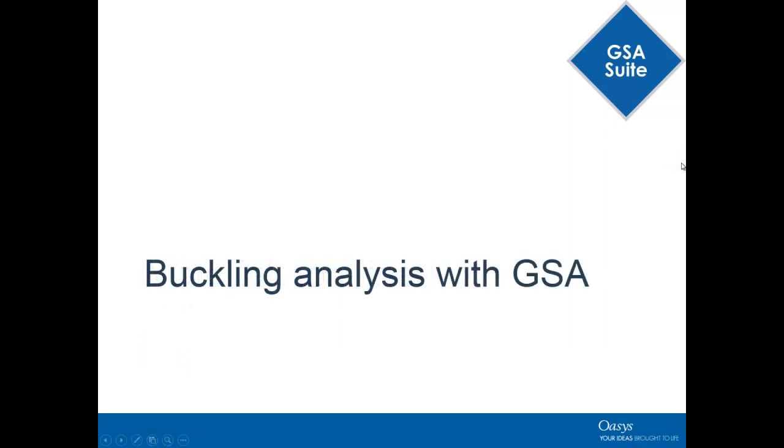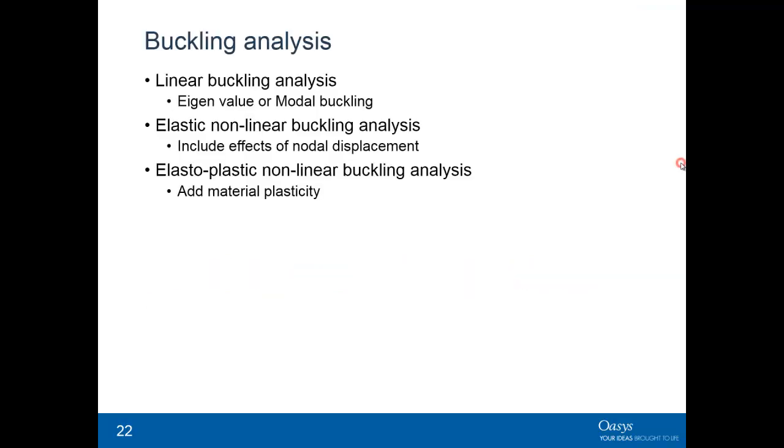Apart from static nonlinear analysis, we also have buckling analysis within GSA, and there are three main options really. There's linear buckling, which is eigenvalue or modal buckling, Dallard method. There is elastic nonlinear buckling, which takes into account displacement, and there's elastoplastic, which takes into account material plasticity.